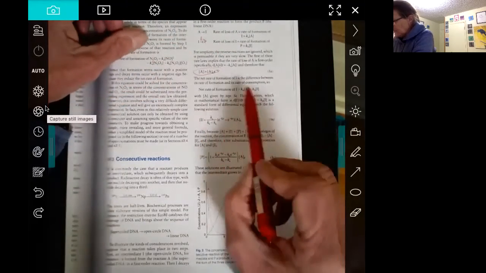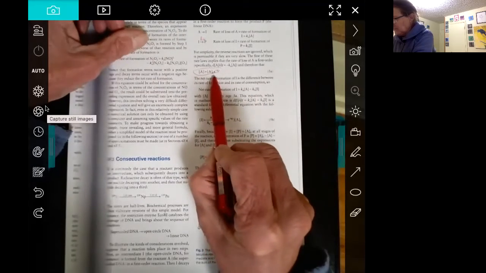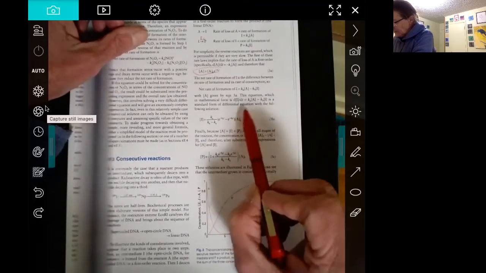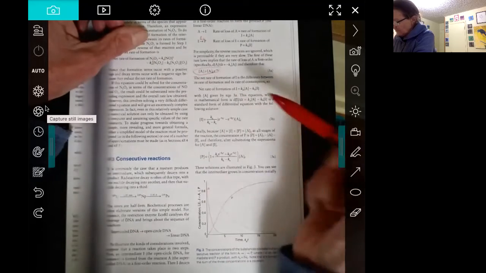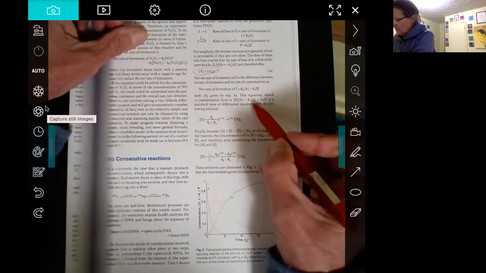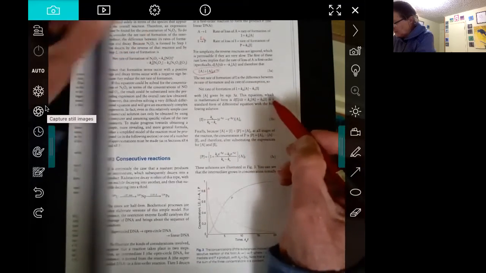If we take the concentration of A and plug in how it changes in a first order reaction, you end up with a standard differential equation that says the change in I with a change in time equals Ka times A minus Kb times I.